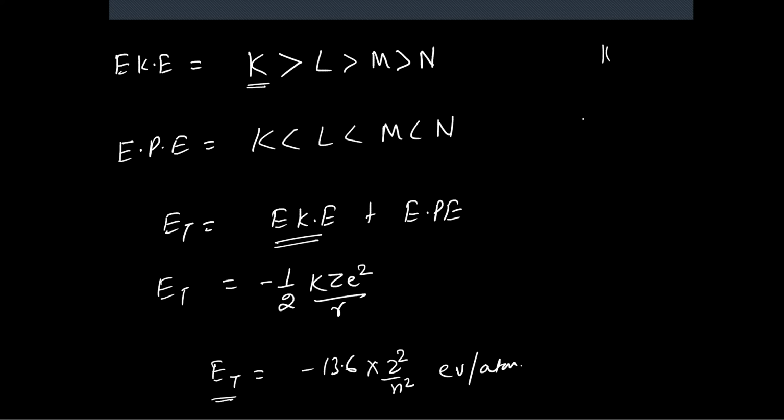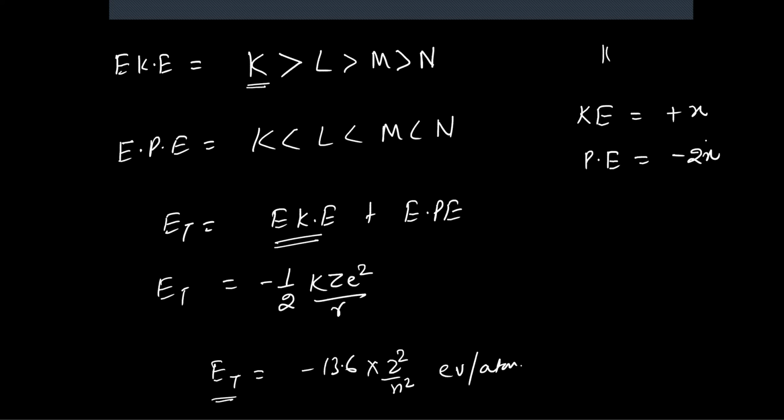Say the kinetic energy is positive X. Then the potential energy will be twice of this, but with negative sign, minus 2X. Are you getting my point?